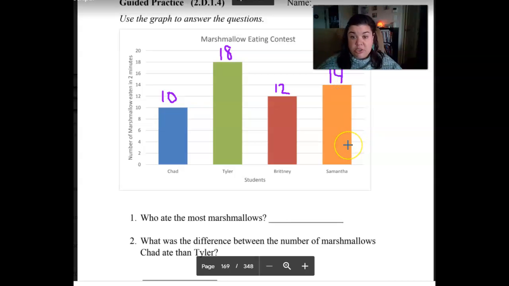Okay, is this an addition or a subtraction problem? Pause the video, work this problem out. They want to know how many marshmallows were eaten all together in the contest. Pause the video and work this out on your whiteboard.